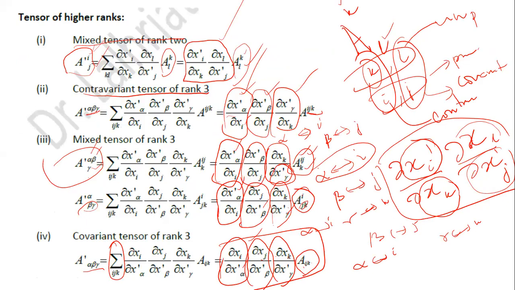You take the components of a certain physical quantity in one coordinate system, and suppose you measure that same physical quantity in another coordinate system called the prime coordinate system. So you write the transformation relation between the components of that physical quantity measured in the unprimed and the corresponding values measured in the prime coordinate system.